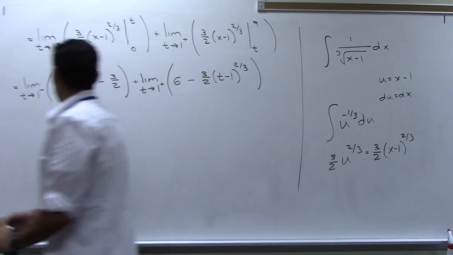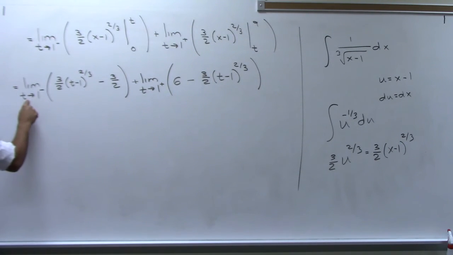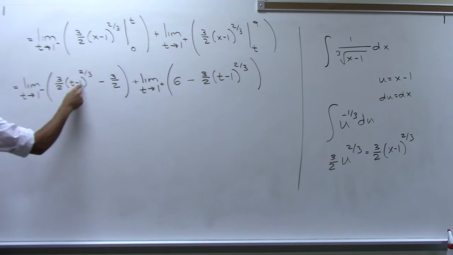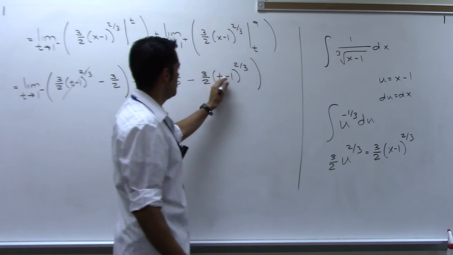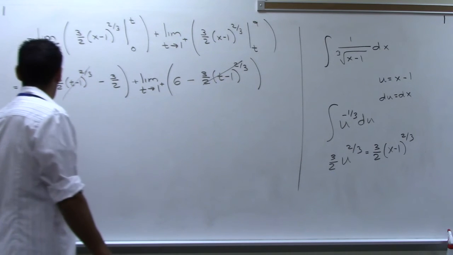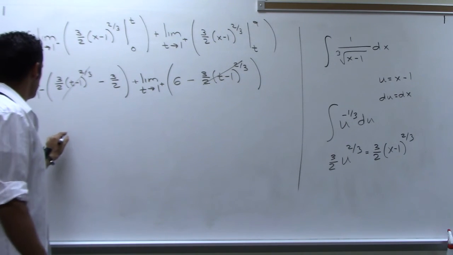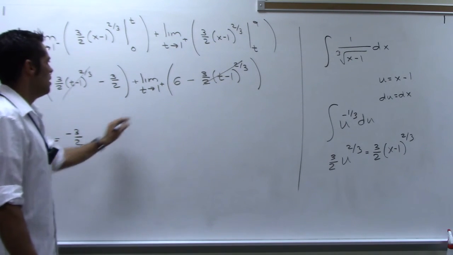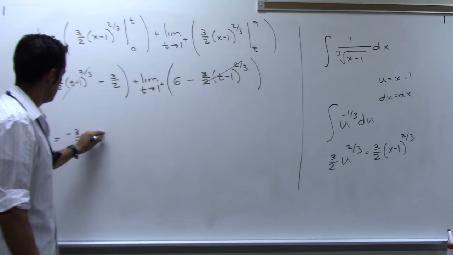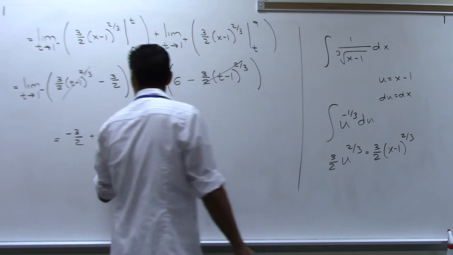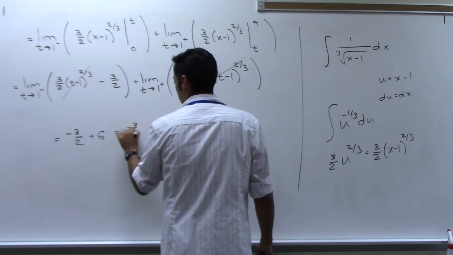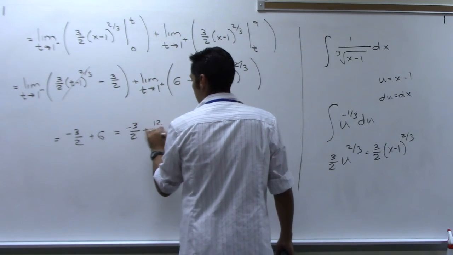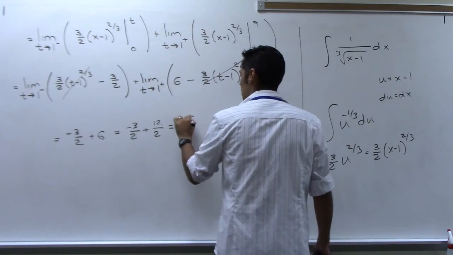All right. Let t go to 1. If t goes to 1, this is 0. That whole thing's gone. Over here, if t goes to 1, this is 0. The whole thing's gone. So I'm getting negative 3/2 here. Over here is 6 plus 6, which is going to be negative 3/2 plus 12/2, which is 9/2.